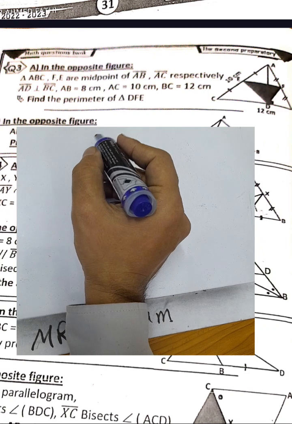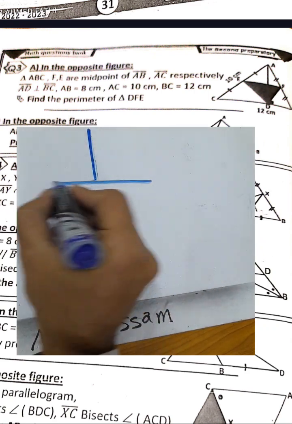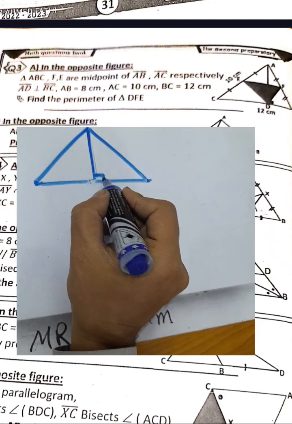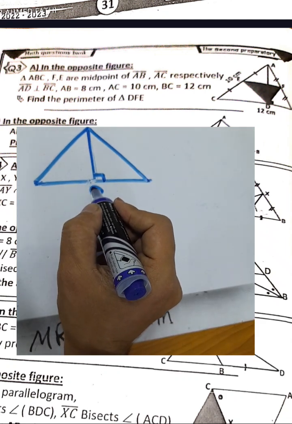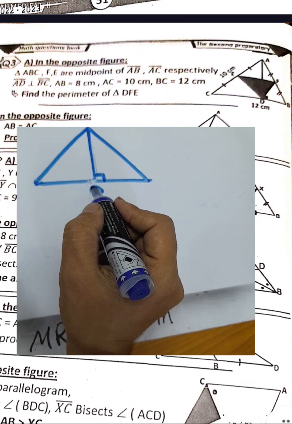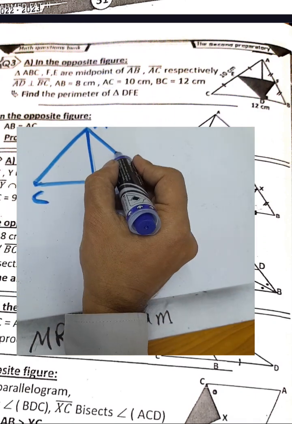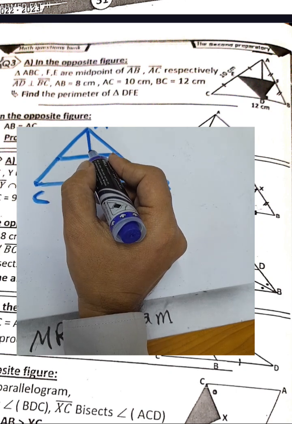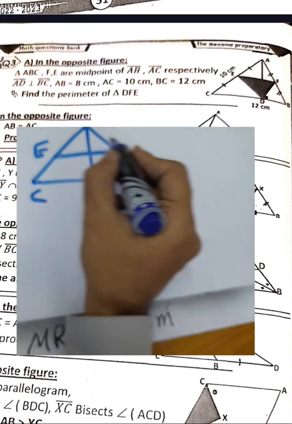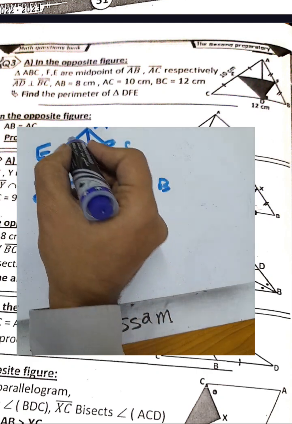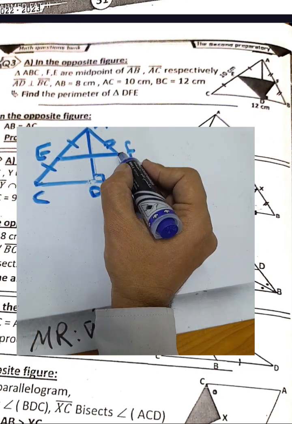Next question, you want to find the perimeter of triangle DFE. Okay, we have a right angle triangle here, perpendicular to the base. And we have A, B, C. The side lengths E, F are equal, and here equal.